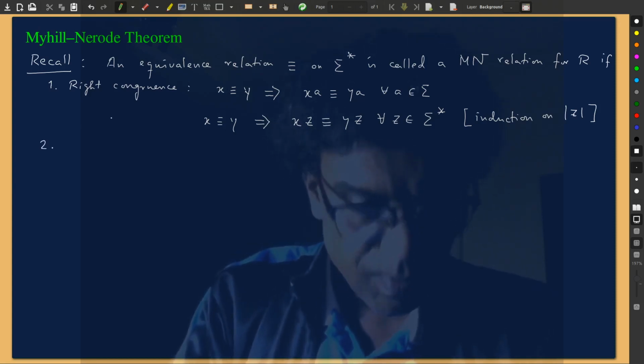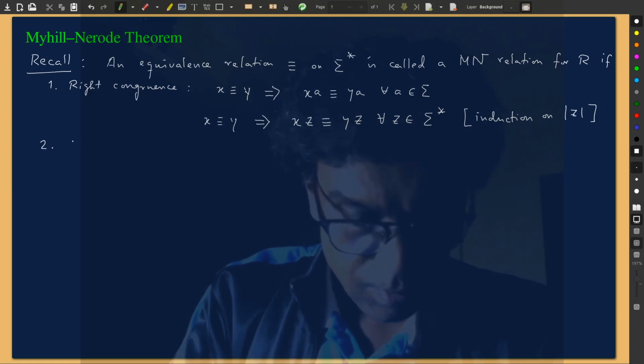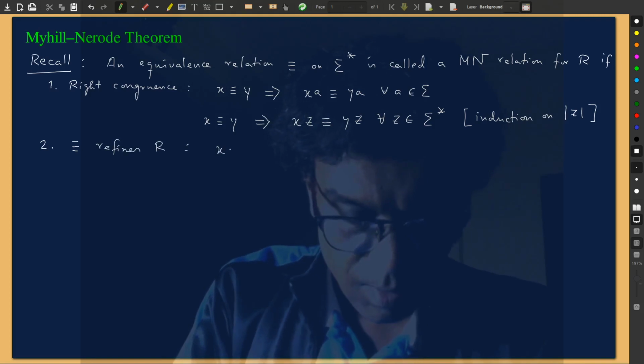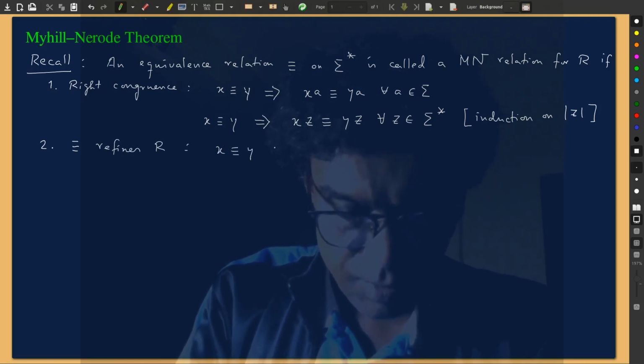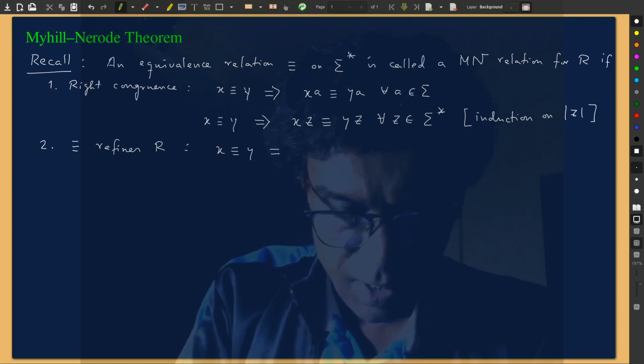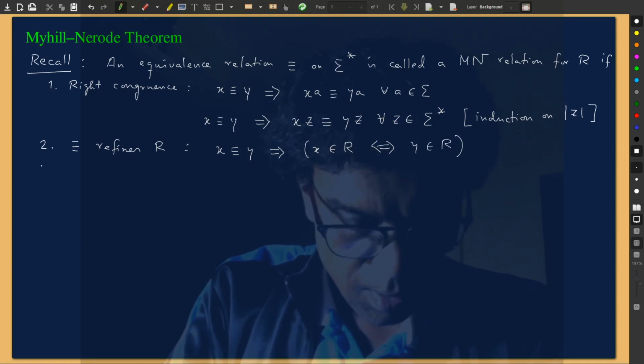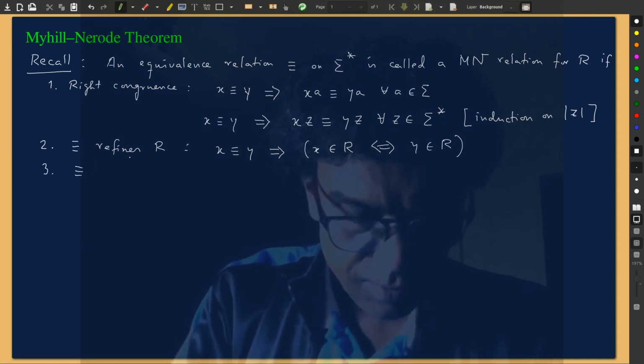Second, this relation refines R in the sense that if x is equivalent to y, then x belongs to R if and only if y belongs to R. And finally, this is an equivalence relation, so it has a number of equivalence classes.